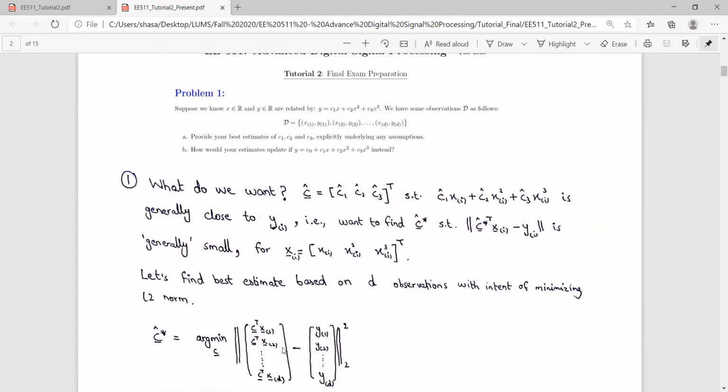So for each example, our estimate would be c transpose xi, and the actual value would be yi. And we want to minimize the norm between these two scalars initially, and eventually this will translate into minimization of the norm between these vectors. And we have just stacked all the examples.